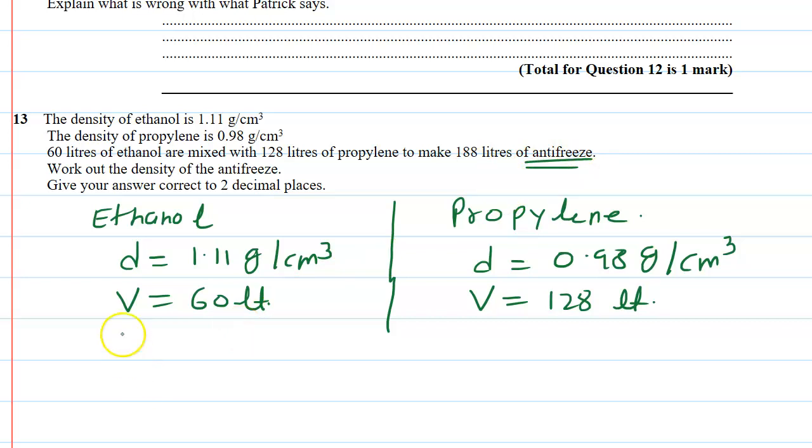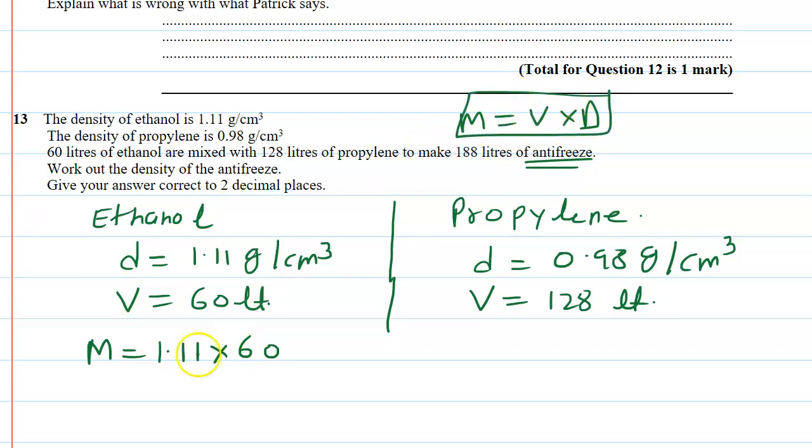So we know D, so we can find mass. Mass is volume times density, so 1.11 times 60, that is 66.6 gram.